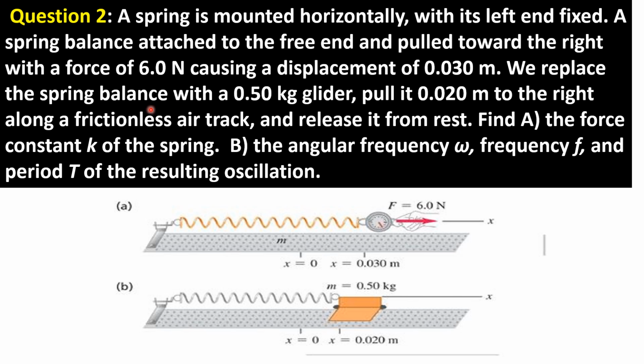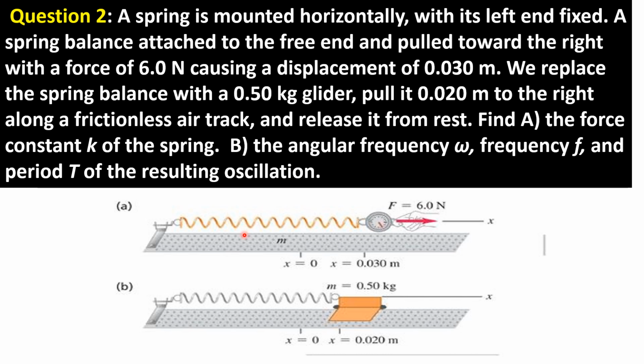We replace the spring balance with a 0.50 kilogram glider, pull it 0.020 meters to the right along a frictionless air track, and then release it from rest. Question. Find letter A, the force constant K of the spring. B, the angular frequency omega, the frequency small f, and the period capital T of the resulting oscillation.